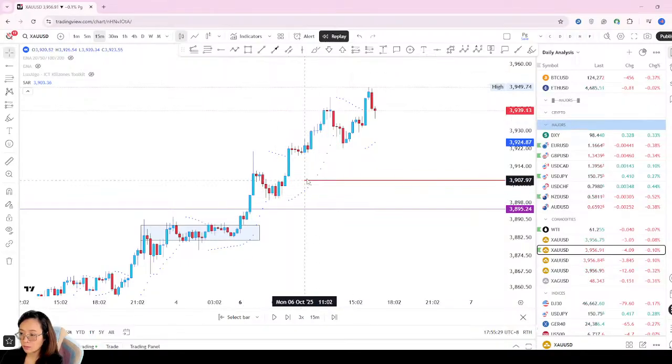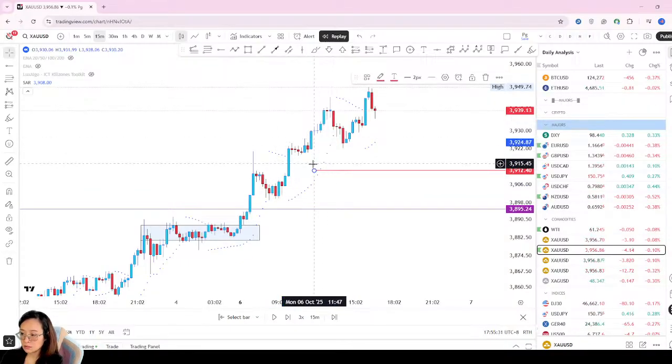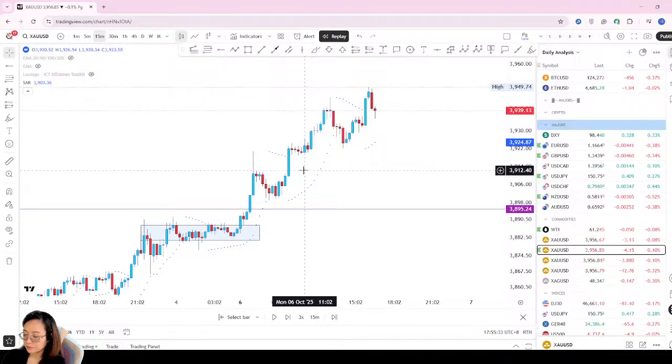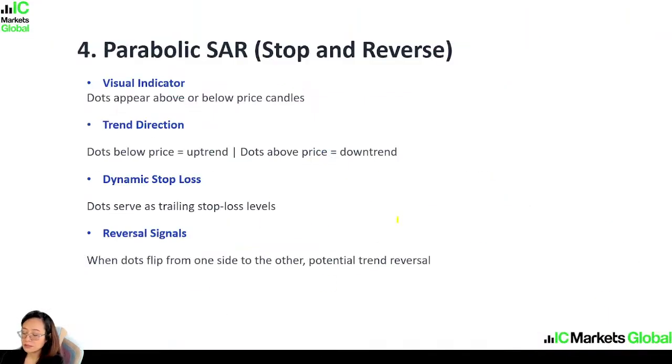You move the stop loss based on the dot below. But I think nowadays you don't need to use SAR for the trailing stop loss. In MT4 and MT5 you can just set how many pips you want the stop loss to trail, should be 10 pips, 20 pips, right? You can set that on your MT4 and MT5.